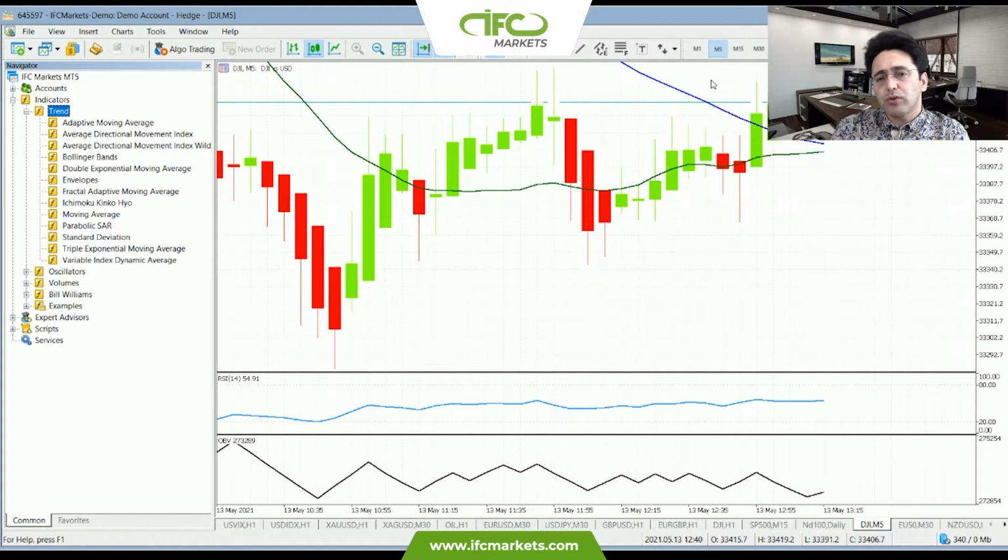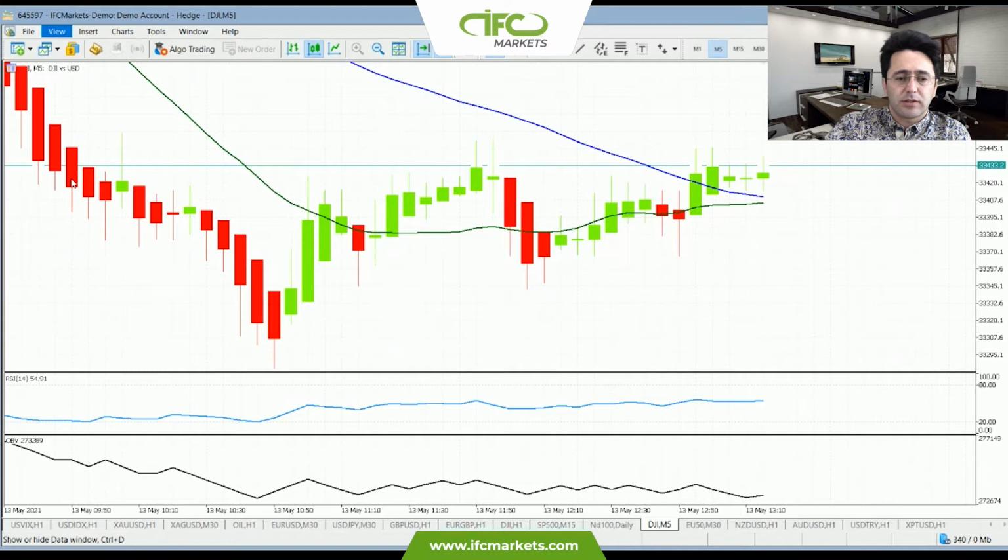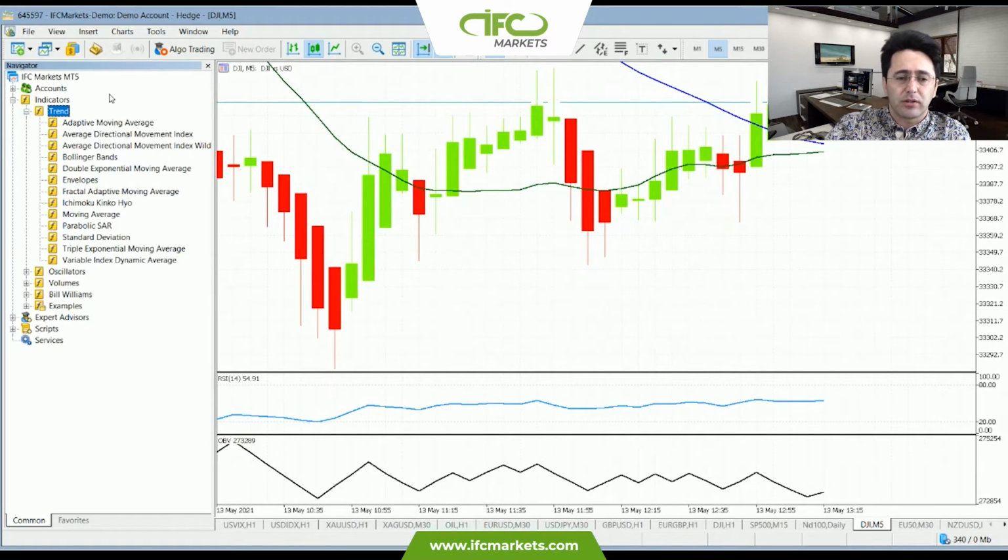So firstly, you need to find out which time frames you want to work in, and then move forward and learn about the technical indicators. Technical indicators, you have them on the left side here. If you go to View, you can select the Navigator. It will show you the technical indicators.